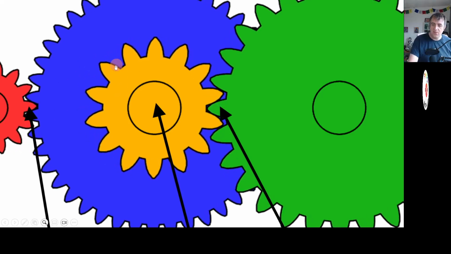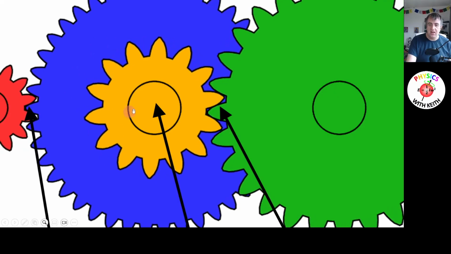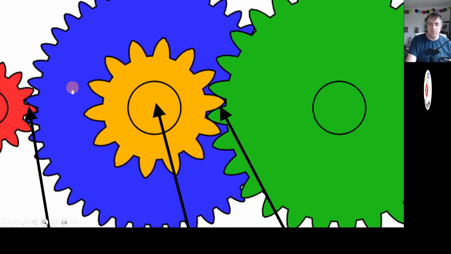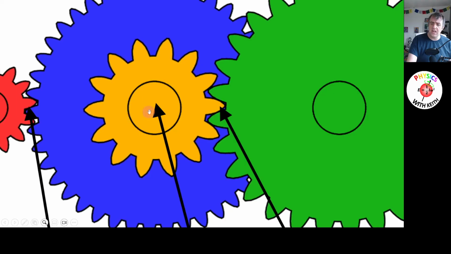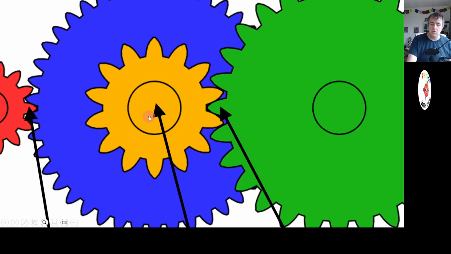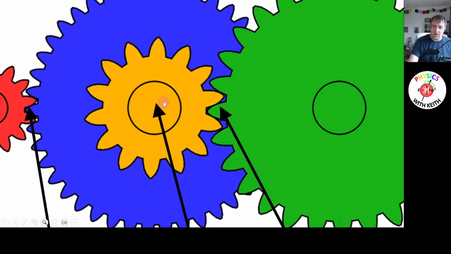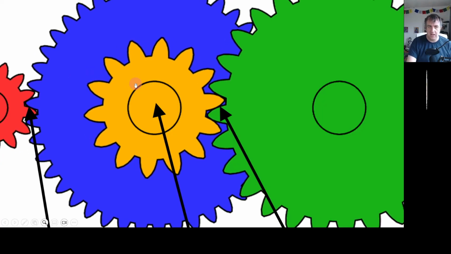So because this is effectively one object, it's all rotating together, the moment of the blue gear, the turning effect of the blue gear, which currently is a resultant moment of 0, is the same as the turning effect of the yellow gear, which currently is 0. So the turning effects are the same. The moment of the blue gear is equal to the moment of the yellow gear.